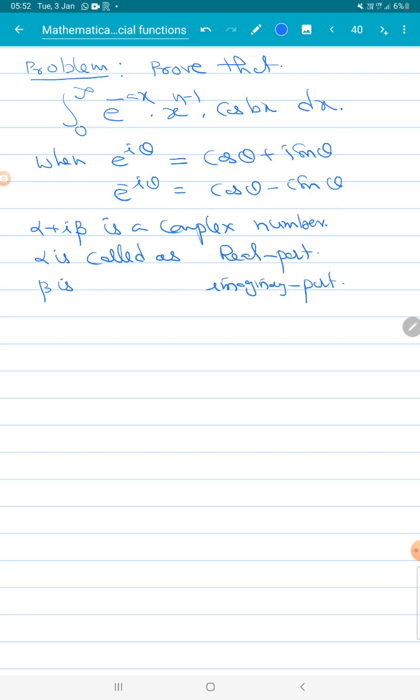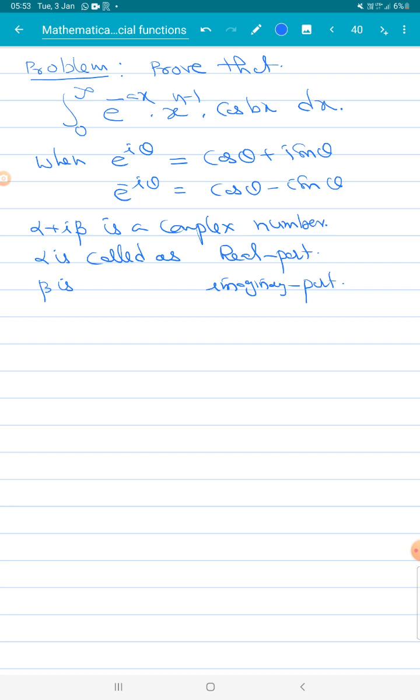So the part without i is called the real part, and the part with i is called the imaginary part. So e power i theta expands as cos theta plus i sin theta, and e power minus i theta is cos theta minus i sin theta.